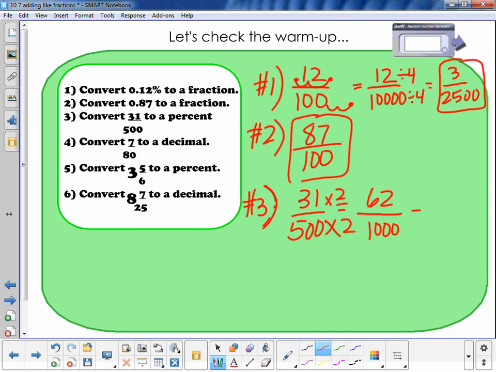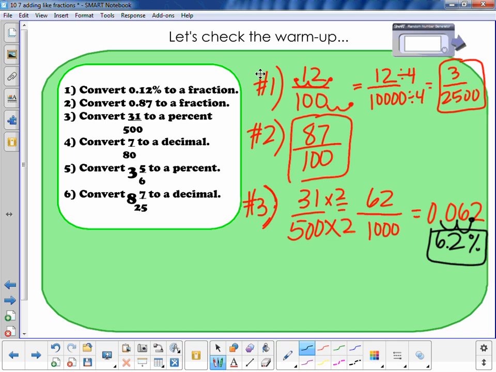Well, if I read this fraction, I see that it says 62 thousandths, and here's my decimal when I say 62 thousandths. To make a decimal a percent, you know that you're supposed to move the decimal point 2 places to the right. So you would still get 6.2%.